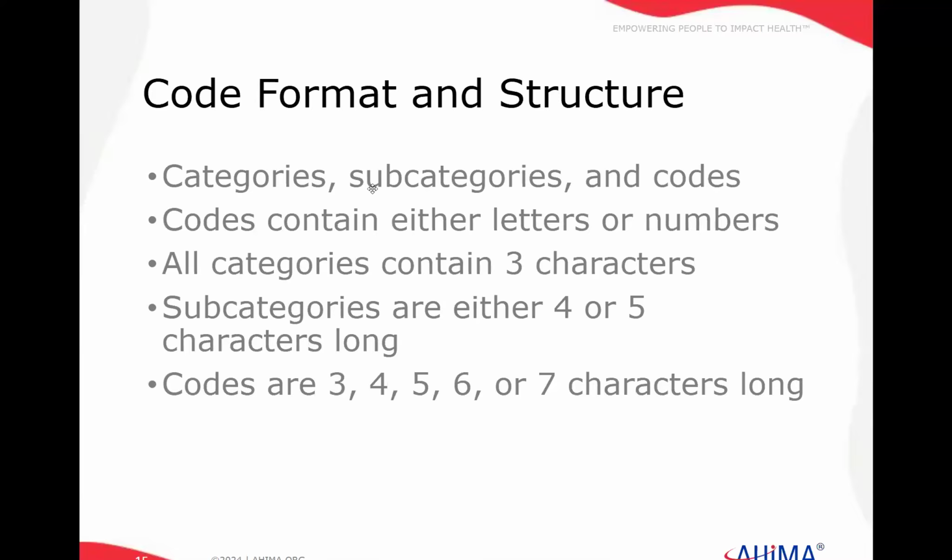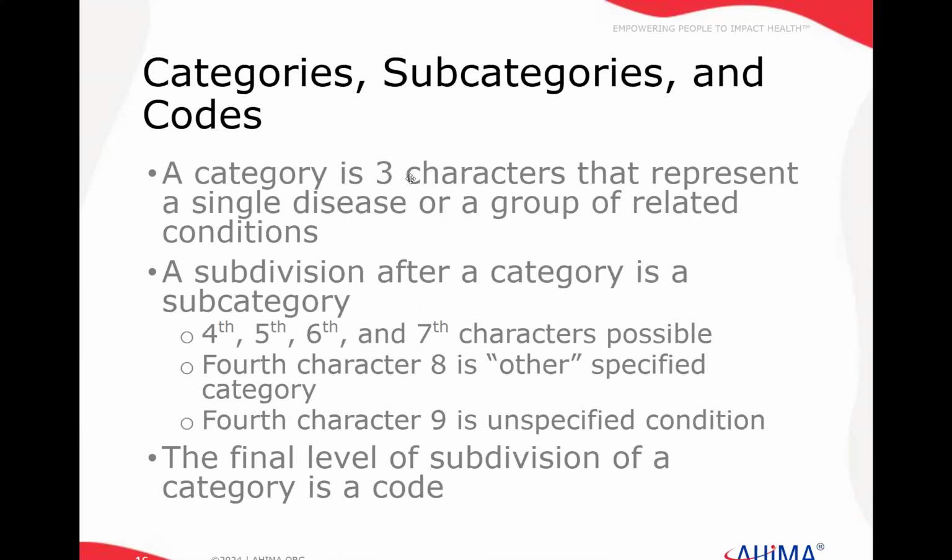So therefore, codes need to be either 3, 4, 5, 6, or 7 characters long. A category is 3 characters that represent a single disease or a group of related conditions. And then we have a sub-disease after a particular category. So we have the 4th, 5th, 6th, and 7th characters, right?